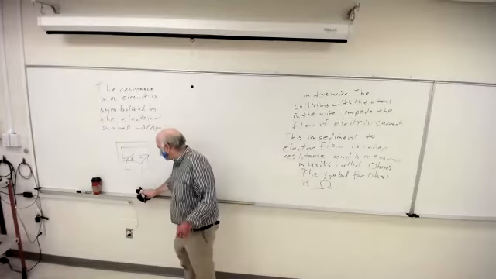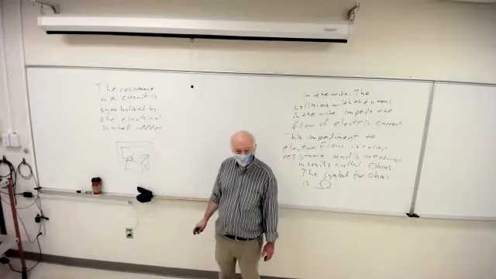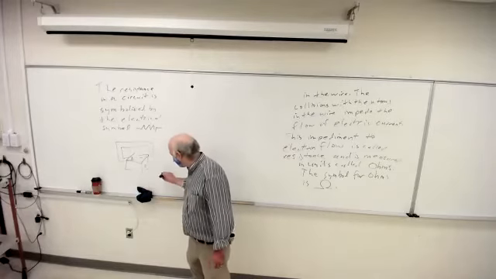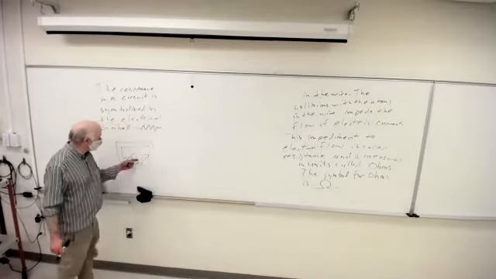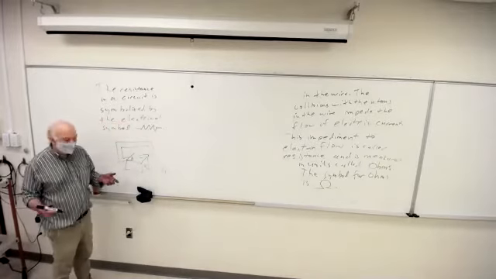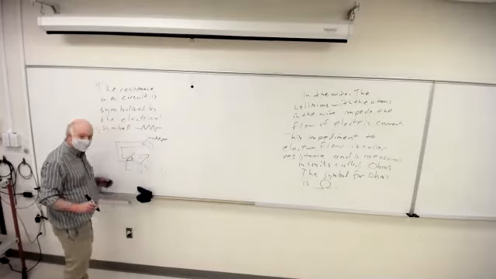We know how to do this. What's this guy here? That's the battery. And then we're going to say that this wire here has resistance, so we're going to represent all this here by that here.